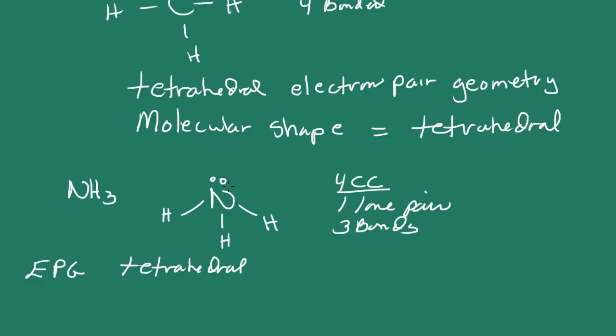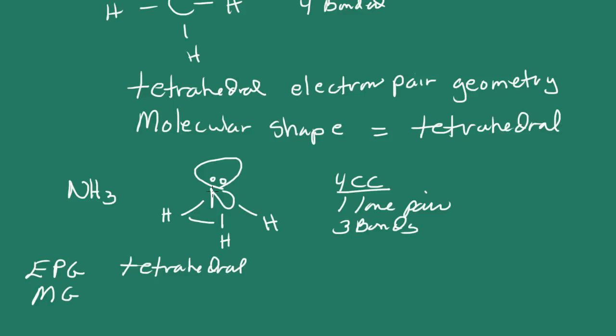But because of that lone pair of electrons, the molecular geometry, I'll just abbreviate that Mg, or molecular shape, is not tetrahedral. Remember, we have this lone pair of electrons under the influence of only the 1 nucleus, where the bonding electrons are under the influence of 2 nuclei. So these tend to strongly repel the bonding electrons, and therefore that will decrease these bond angles.